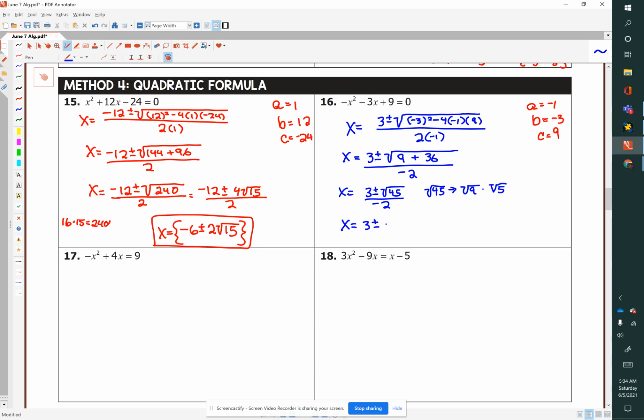And the square root of 9 is 3. And all of that is over -2. And that's pretty much our final answer. We cannot simplify that anymore. So our final answer, 3 plus or minus 3, the square root of 5, divided by -2.